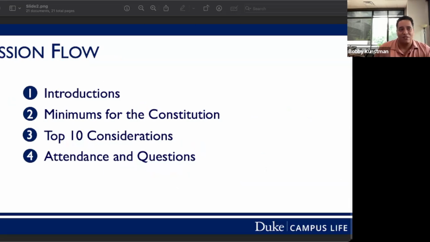These are things that ultimately will help you increase efficiency and help you troubleshoot some of the things that we often see coming into our side of the house when student organizations don't have these components built into their constitution.